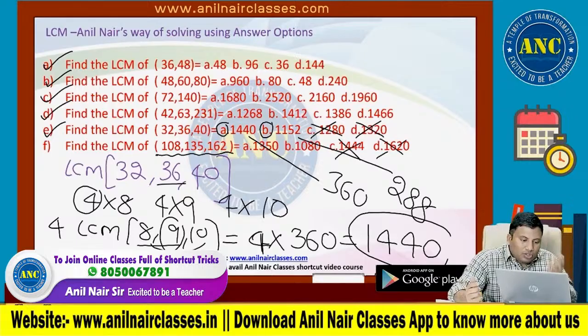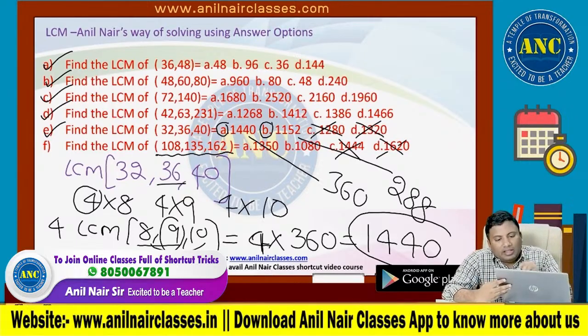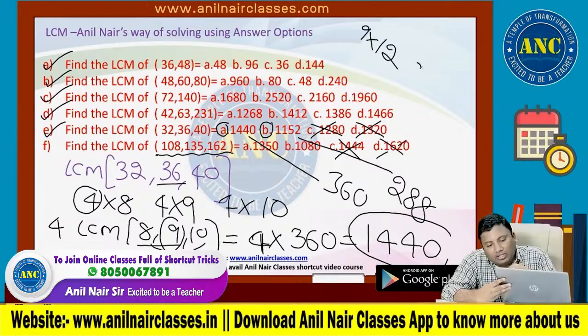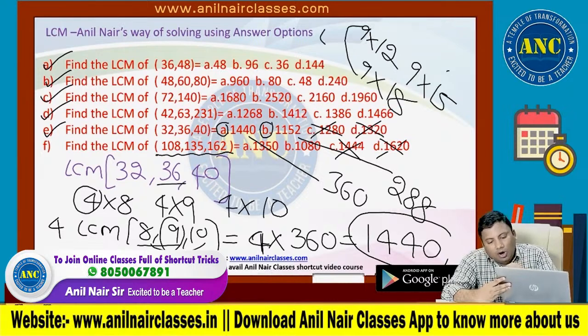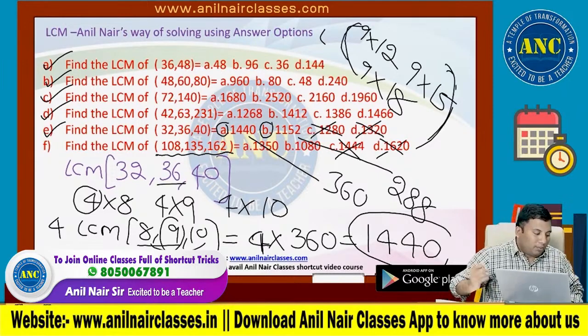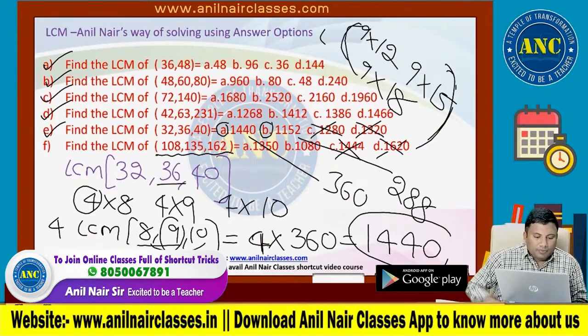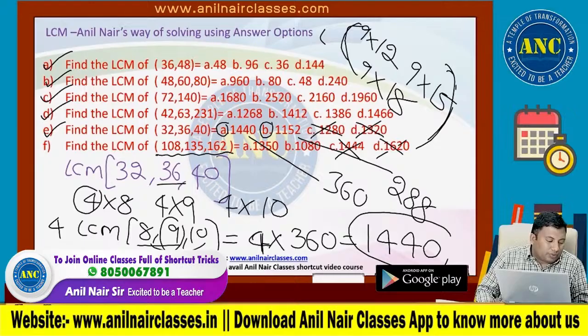Now you can go by the traditional method. 9 2s are 108, 9 15s are 135, 9 18s are 162. Do the generic LCM. Is it clear?